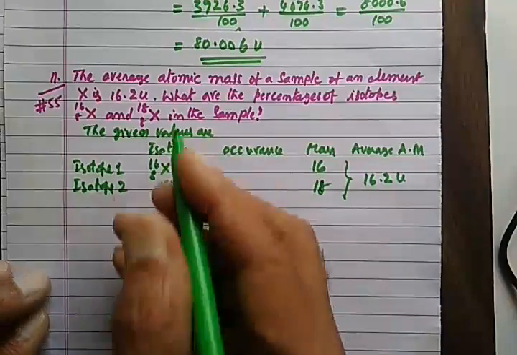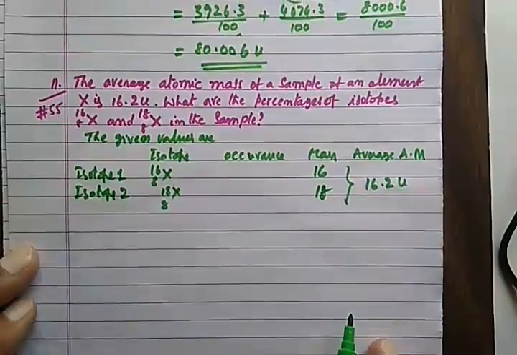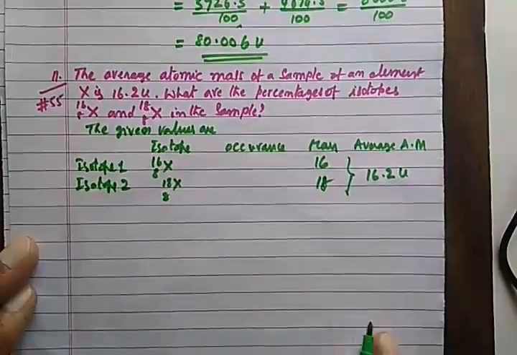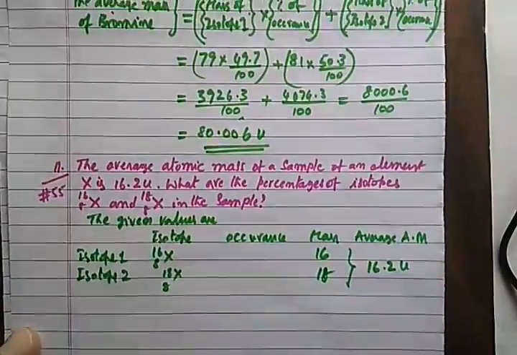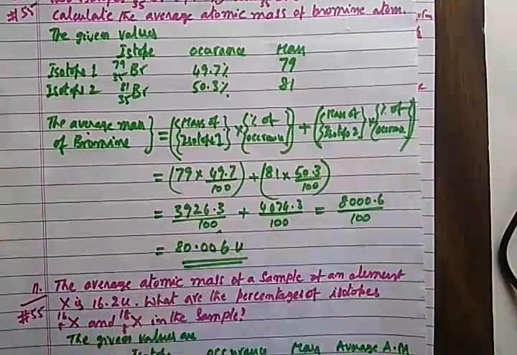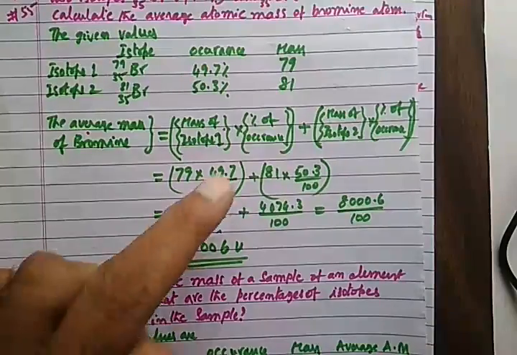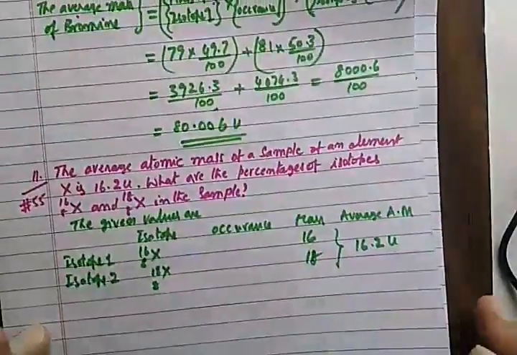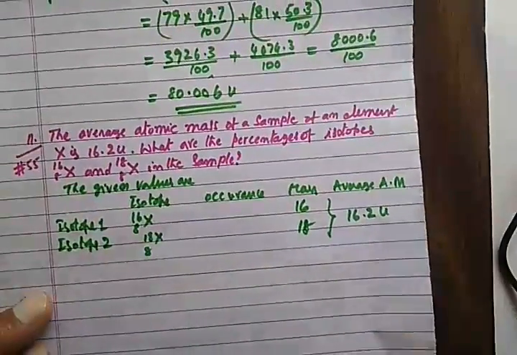Then we will write the same equation. So here we cannot straight away apply this formula because we don't know the percentage of occurrence that we need to find. So what we have to do, we have to assume.